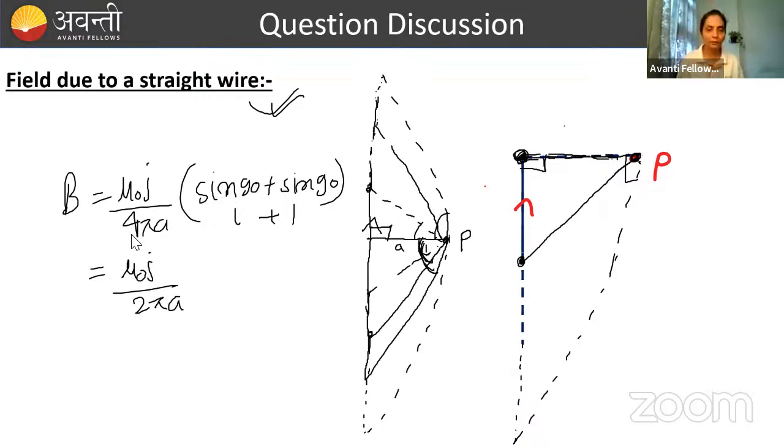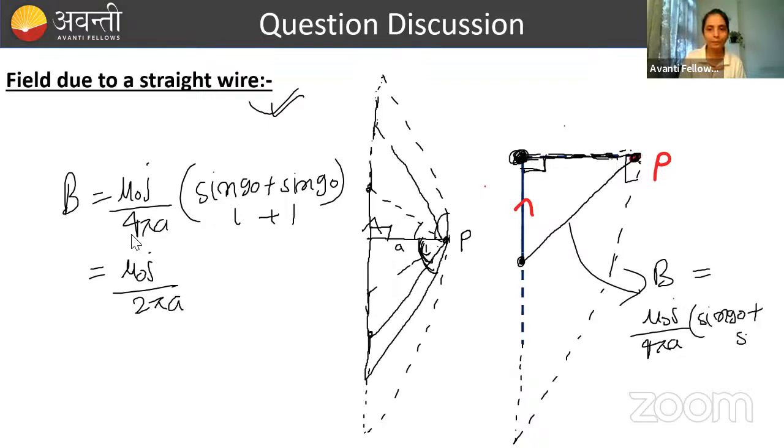Perpendicular draw करेंगे, P point से wire पे, है ना? So another end is here also, and that perpendicular line is this also. So the angle is 0 degree. So in this case, magnetic field will be mu naught I by 4 pi a (sin 90 plus sin 0). One angle is 90 and another angle is 0 degree. Sin 0 is 0, sin 90 is 1. So 1 plus 0. What answer are you going to get? Mu naught I by 4 pi a.